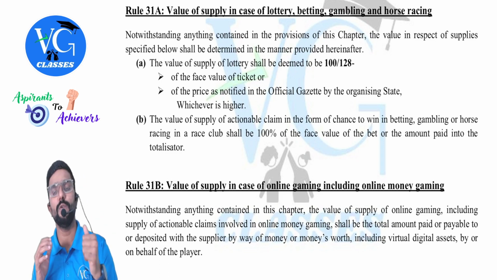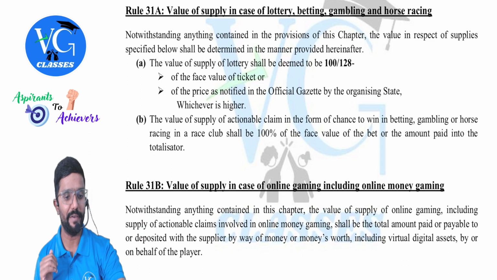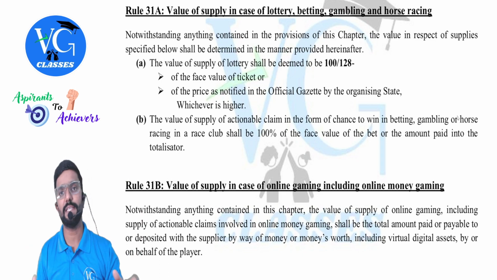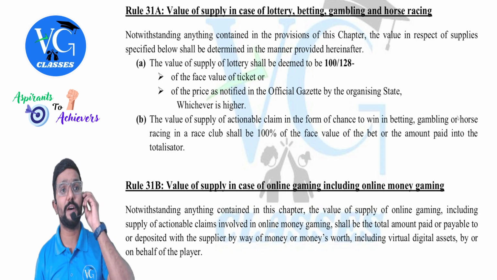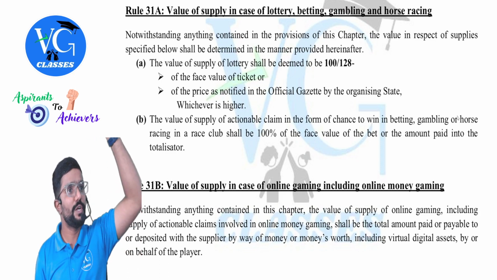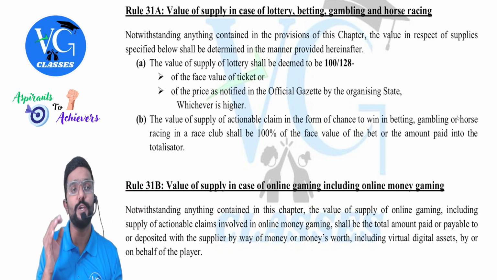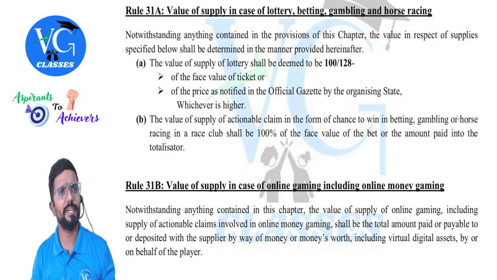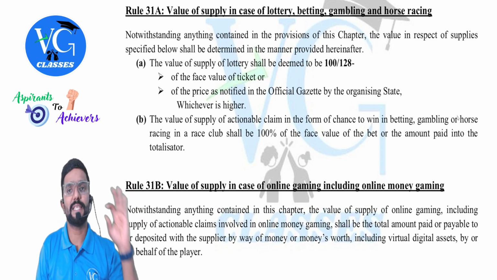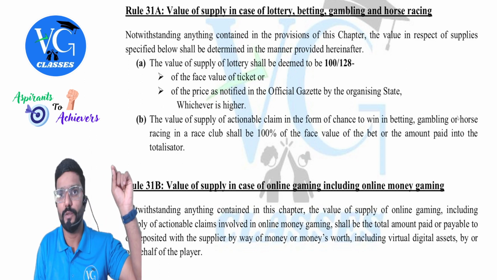Till now we have seen the rules 27, 28, 29, 30 and 31. We have another set of rules, guys. This is where we need to decide the value, especially for specified actionable claims. Do you guys remember specified actionable claim, which is defined in section 2, clause 102A? What is it telling? Guys, listen here. Actionable claim is a part of goods definition.